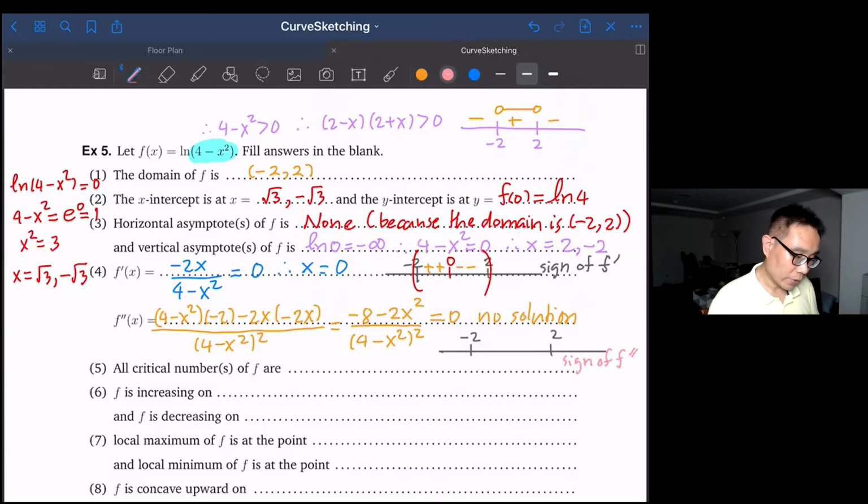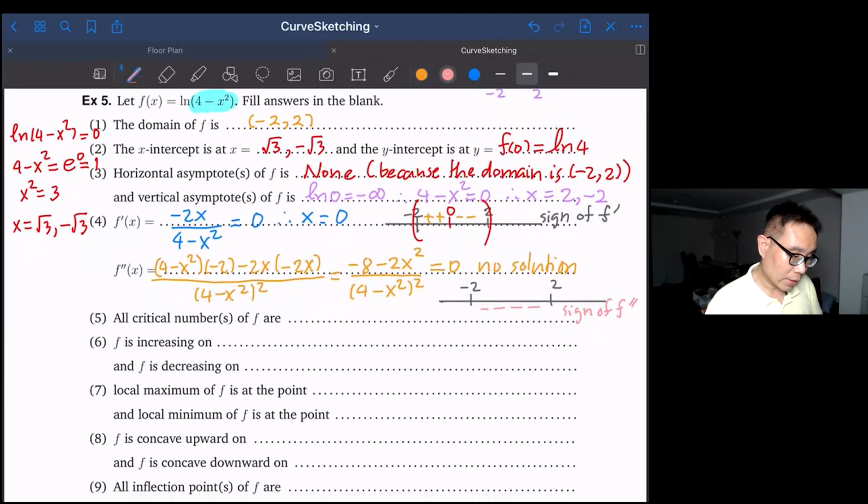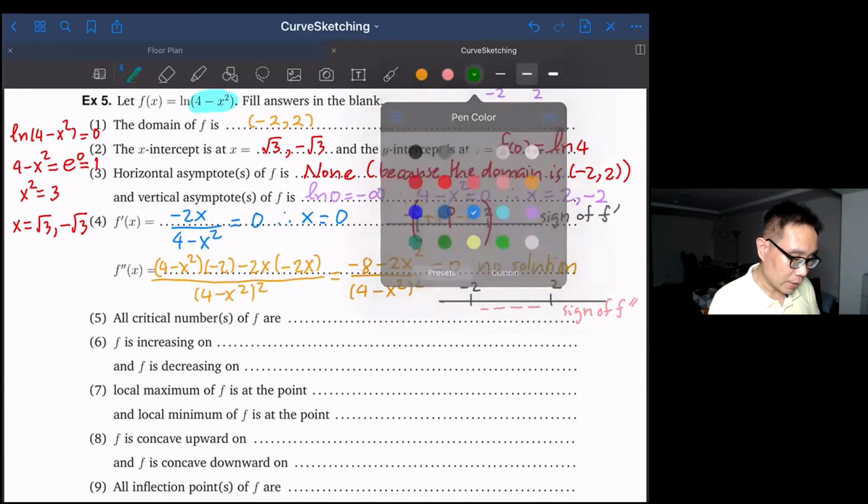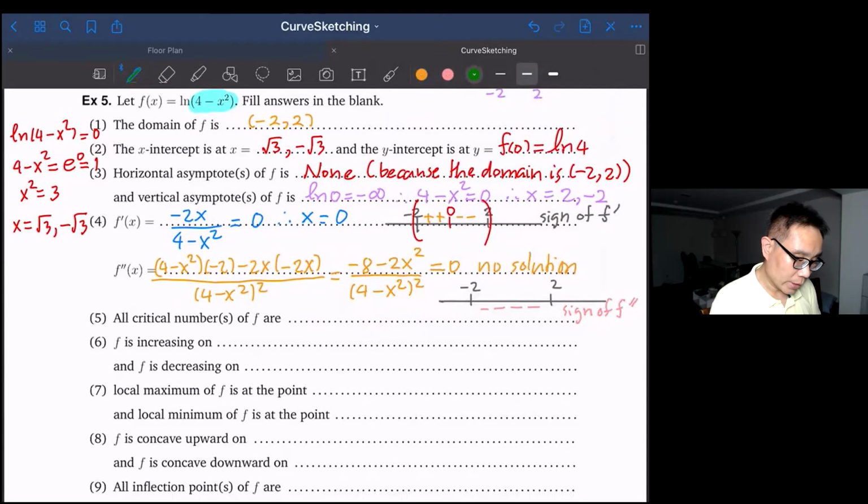So you plug in x equal to 0 into the equation, so you get negative. So this one means that your graph is always concave down in this case. And you're going to also conclude from the sign of the first derivative that the critical number is going to be x equal to 0, and increasing will be -2 to 0, and decreasing will be 0 to 2.